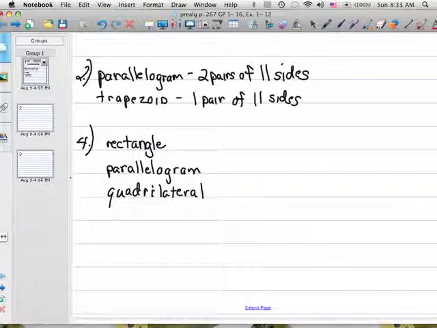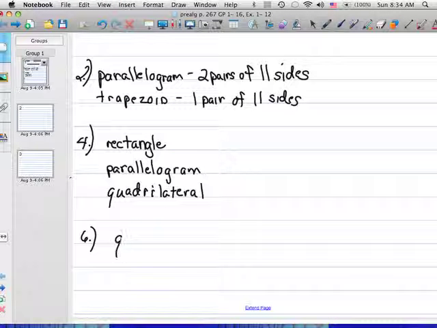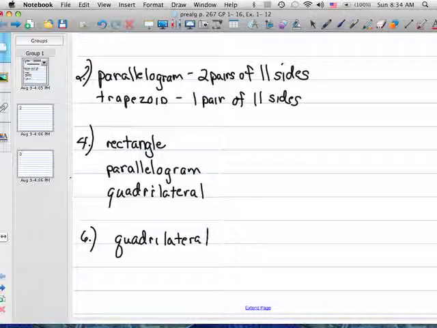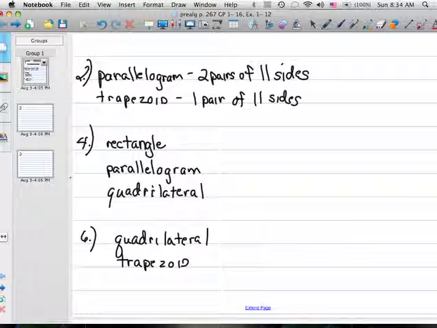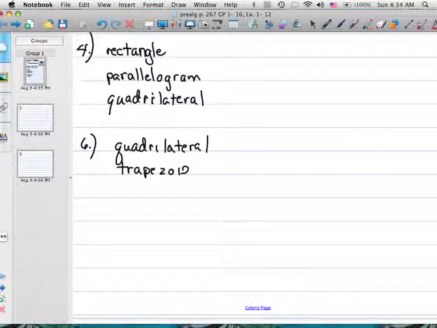Problem number 6, looking at it, we know it's a 4-sided figure, so we could say it's quadrilateral. And we can see that there is 1 pair of parallel sides, the other 2 are not, so that would make it a trapezoid. Number 8, in the figure at the right, RSTU is a trapezoid.